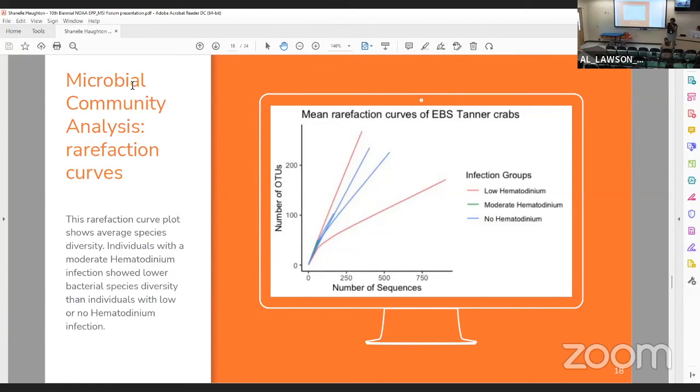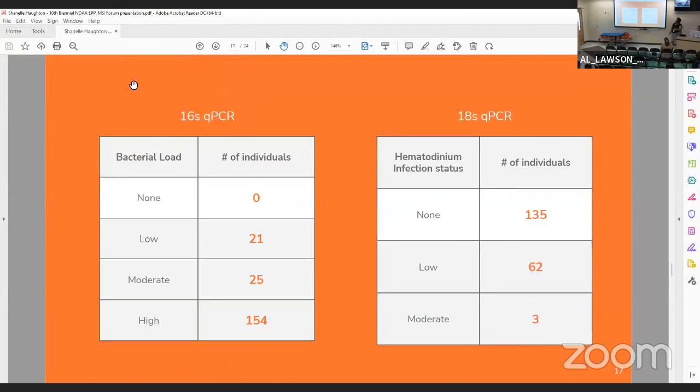I don't have the exact numbers on hand, but we used a paper that gave a typical number of copies of a bacterial gene within a bacterial cell, and we used that to calculate, based on our PCR results, how many copies are found per threshold, and to estimate how many bacteria are in the sample. So that's based on a 16S copy number? Yes, correct. Any other questions?